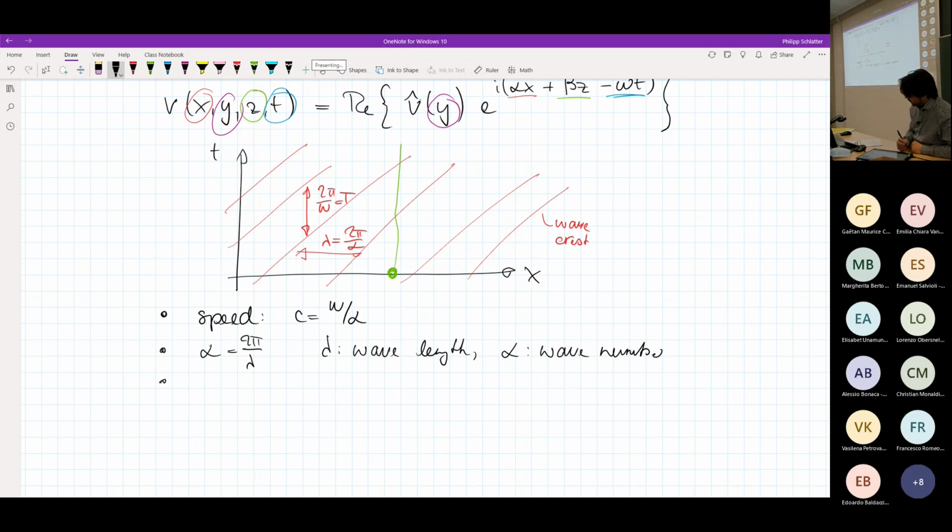And in time, it's the same thing. You have omega being 2 pi divided by T, where T would be the period of the wave, and omega would be the angular frequency.